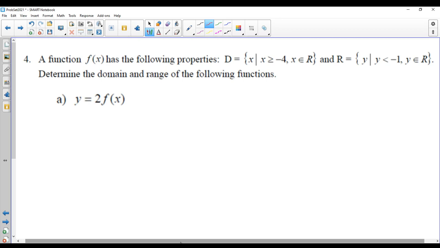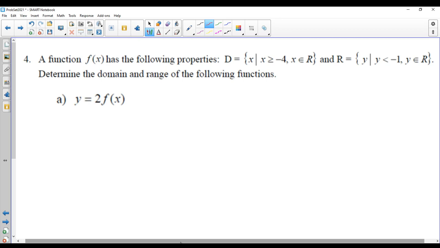In this case, multiply the whole function by 2. So we don't have the function itself. All we have is its domain and range. But we do know that we took that function and multiplied it by 2.